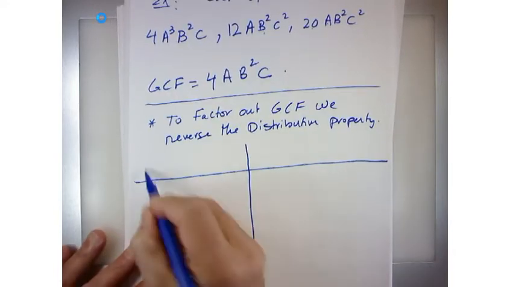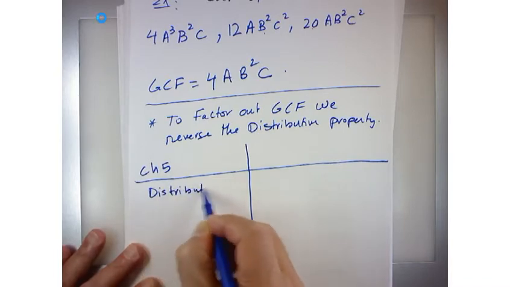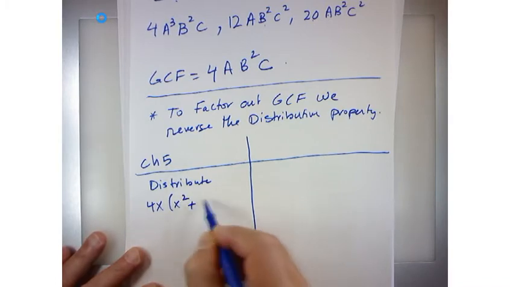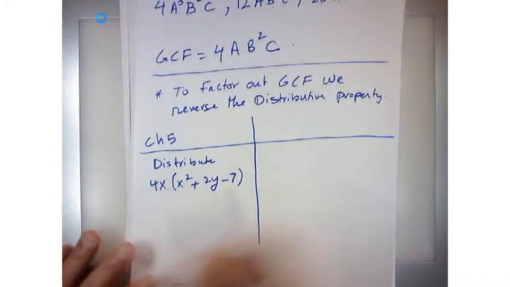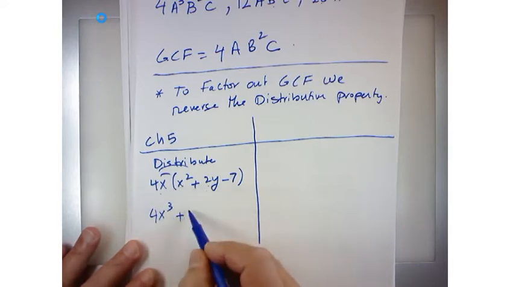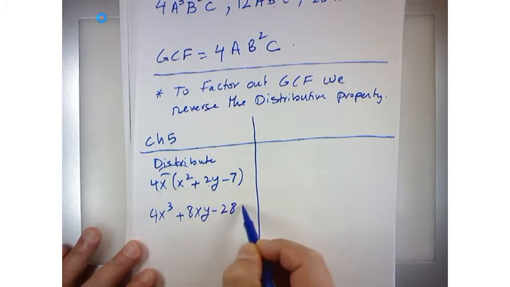In chapter 5, we used distribute, and it's say 4x times x squared plus 2y minus 7. So we would distribute, so it'd be 4x cubed. 4x times 2y is 8xy. 4x times negative 7 is minus 28x.